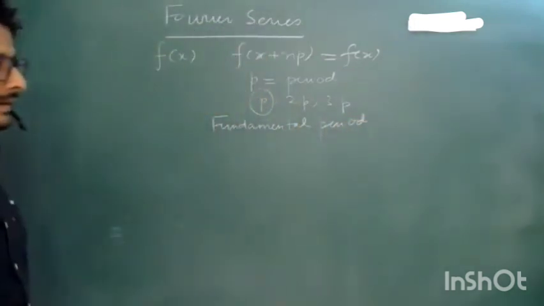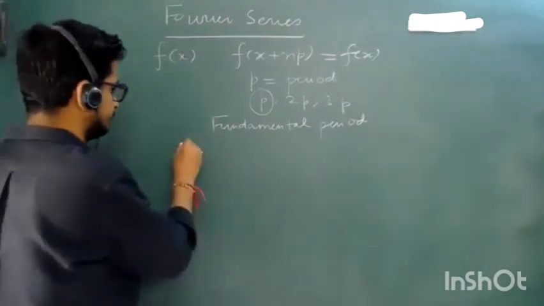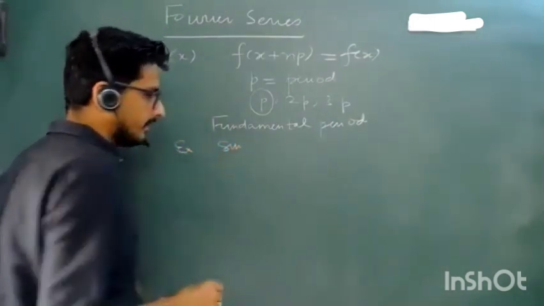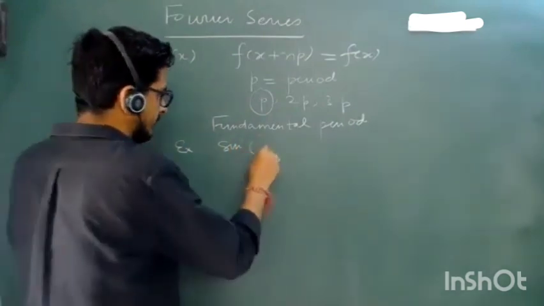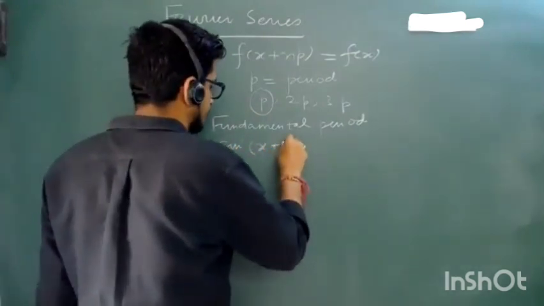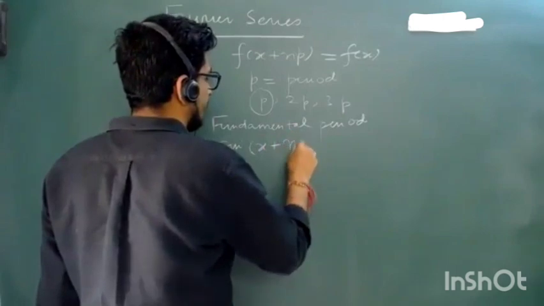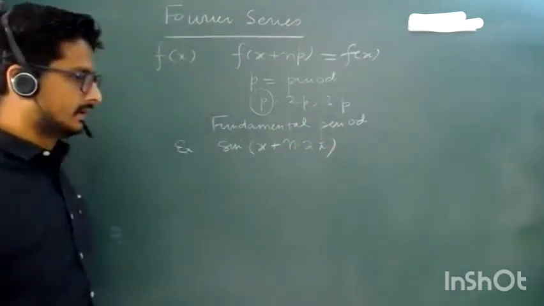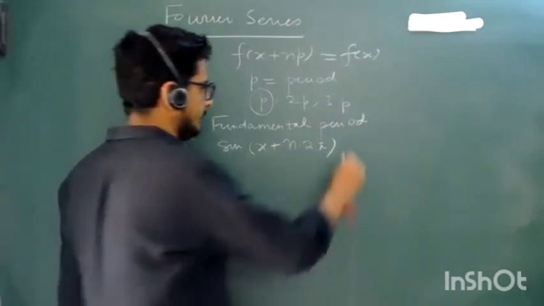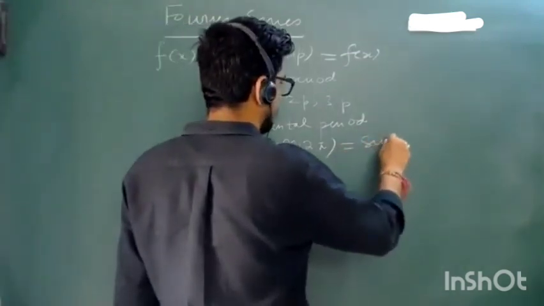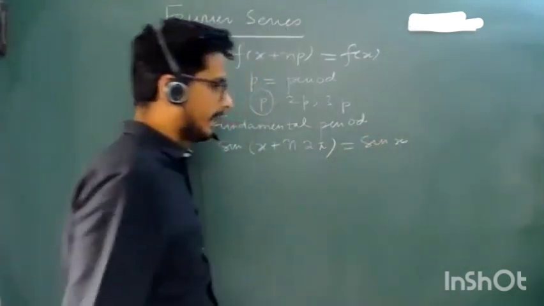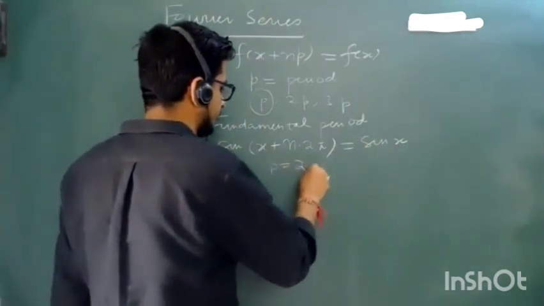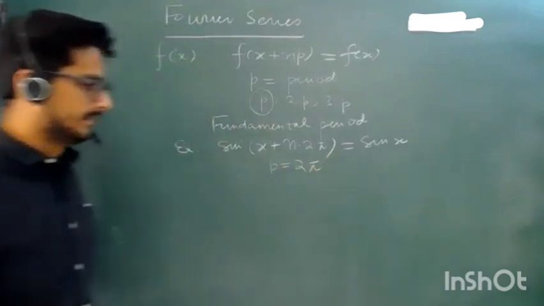For example, if I write sine of (x + n times 2 pi), this will become sine of x. So this P equal to 2 pi will become the fundamental period.